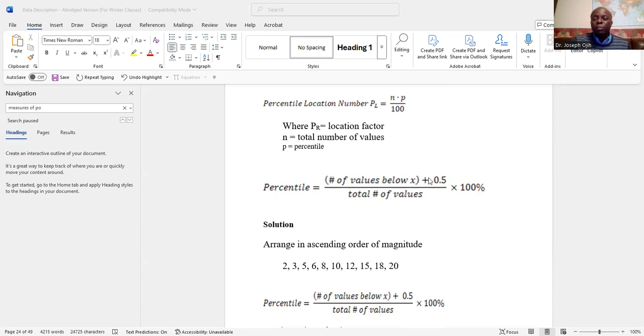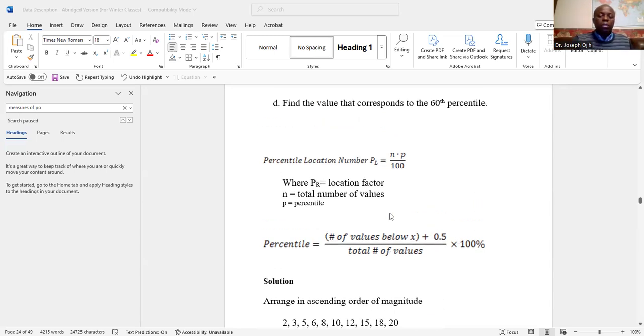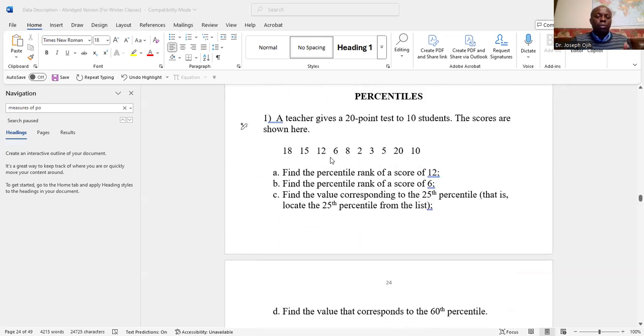Note that this 0.5 is part of the formula. If you're moving from continuous to discrete, you put in this correction factor. So now, based on this formula, let's answer this question.